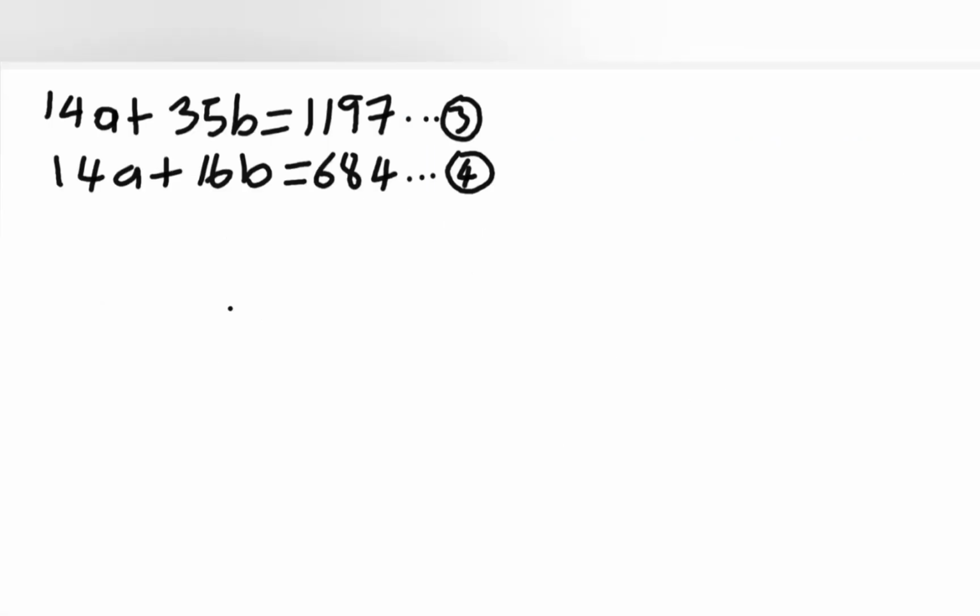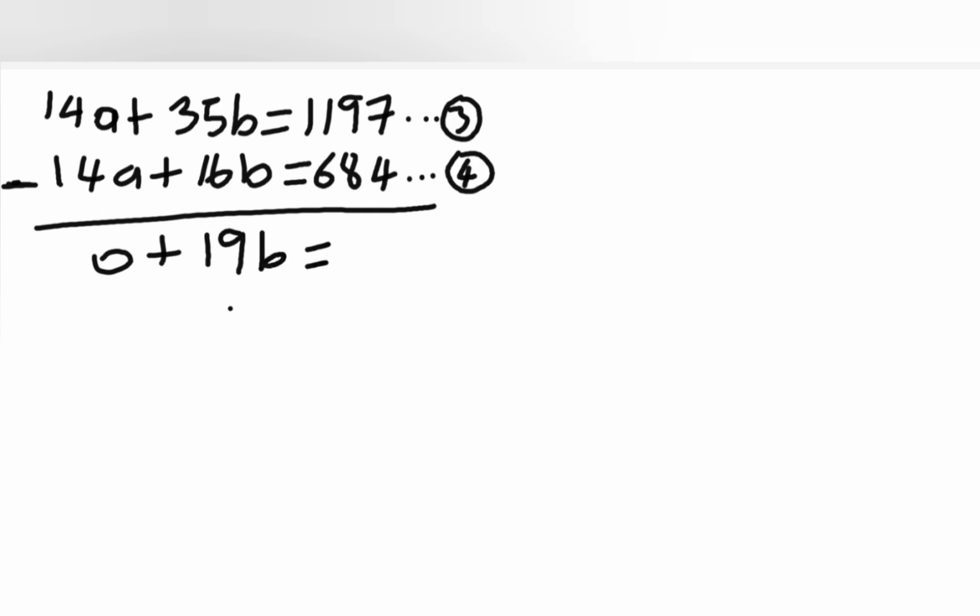Because the magnitude of the a's are both the same and they are both positive, we're going to subtract equation 4 from equation 3. So 14a minus 14a gives us 0, 35b minus 16b gives us 19b, 1197 minus 684 gives us 513.